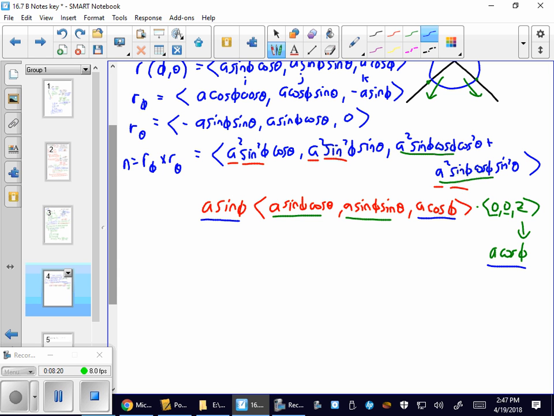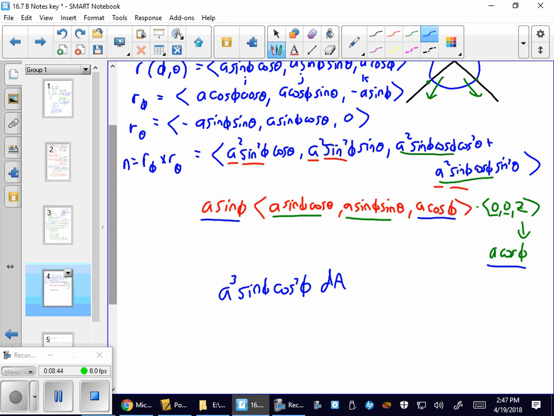So by dotting this and then multiplying it by a sine phi, I'm going to get a cubed sine phi cosine phi, cosine squared phi, excuse me.